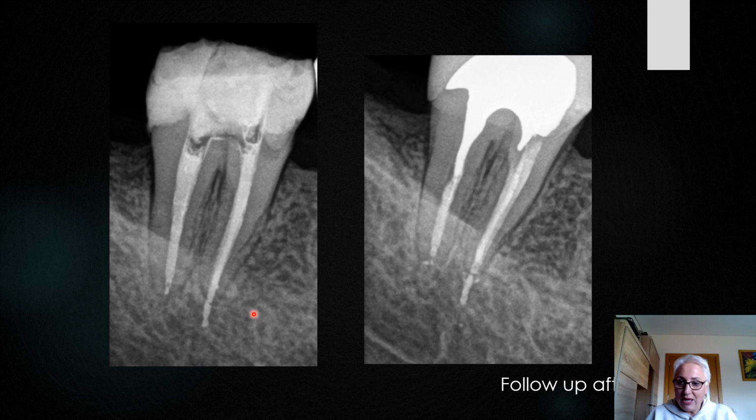So maybe in some cases over-obturation happens sometimes. It's not intentional. It happened with my case. Actually, I don't know how it happened, but it happens sometimes. Complications happen to me too.